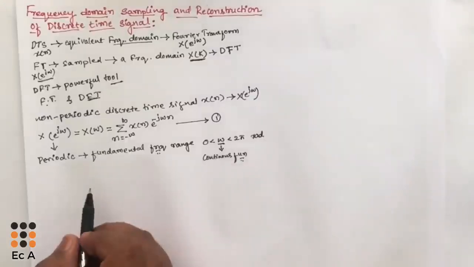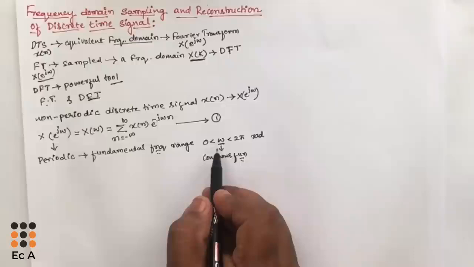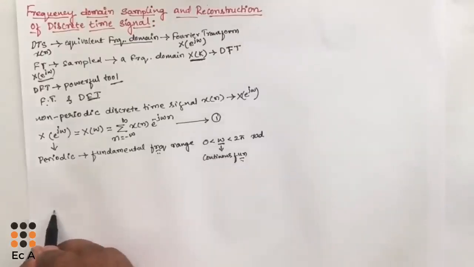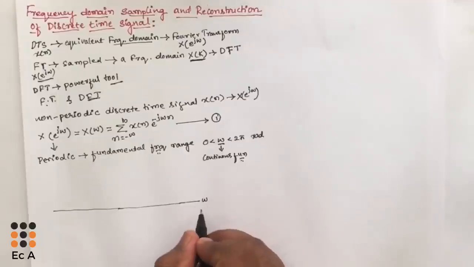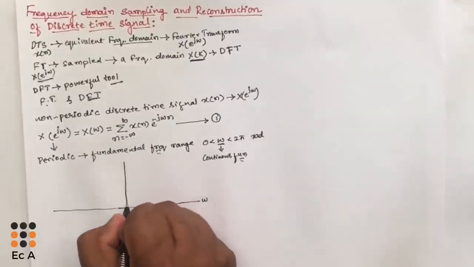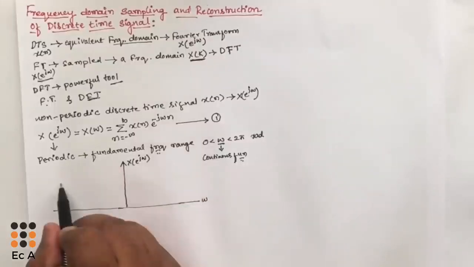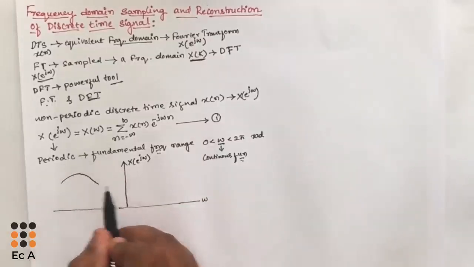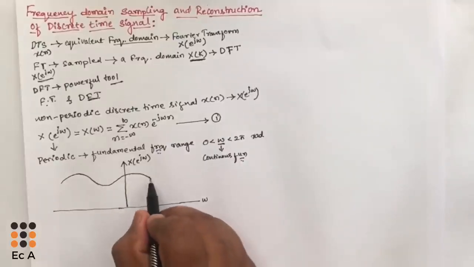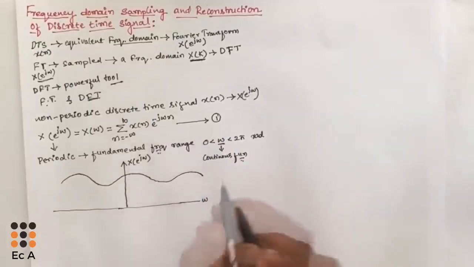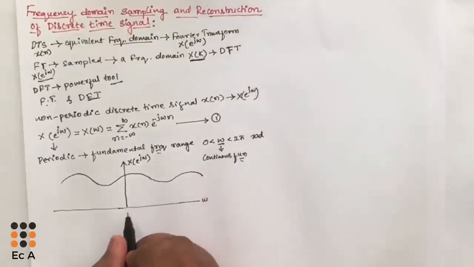Now let us graphically represent X of e to the power of j omega. So here omega will be on the x axis and on the y axis we will take X of e to the power of j omega. We have a continuous signal and this omega is ranging between 0 to 2 pi.